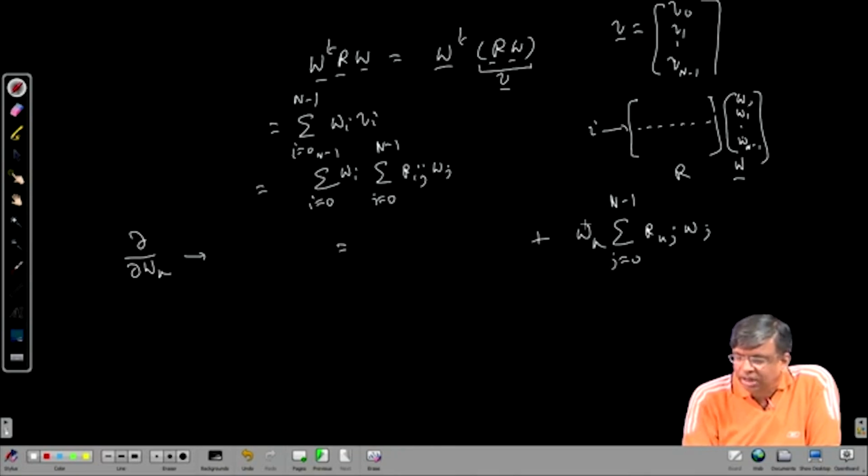That is the i equal to k case I separately write. And then here I write i equal to 0 to n minus 1, but i not equal to k. So, it goes from 0 to n minus 1, but it skips the kth case, and W i inside there is no change, whatever i you choose comes here.